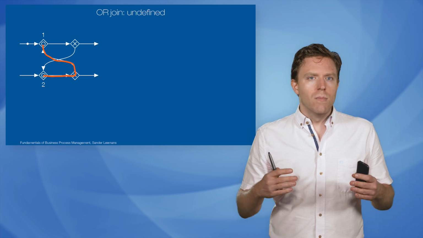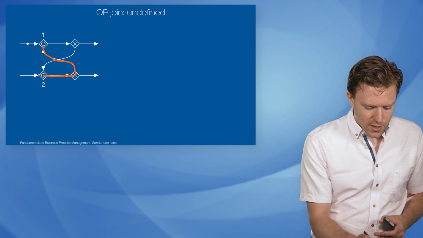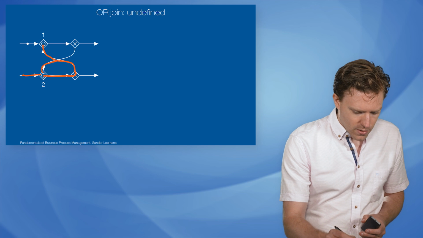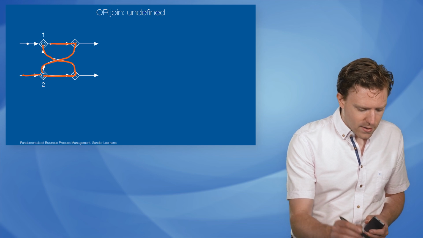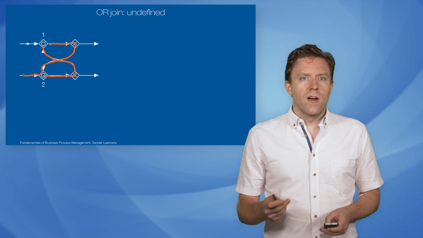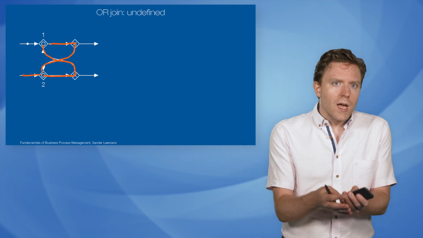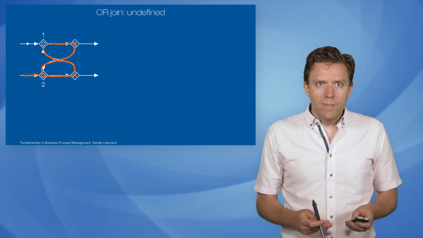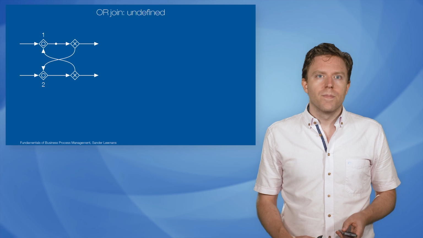Oh, this is a merge, so we need to go down 2 branches. In this branch, it's fine, no token can come. This branch, if we follow that back, we end up with ourselves. Okay, that's fine. So no other token can come here until OR join 1 fires. So that's okay. OR join 1 can fire.